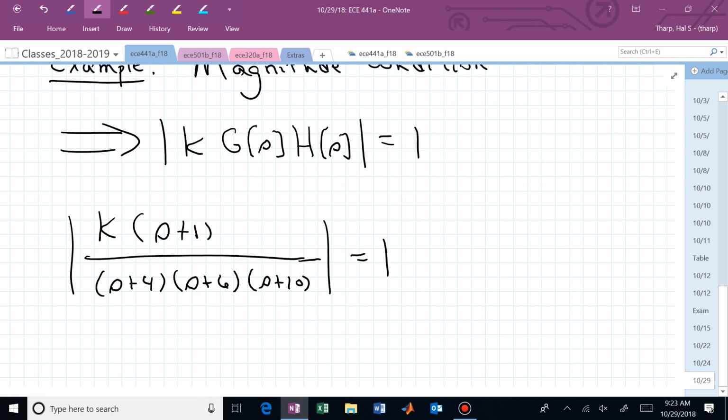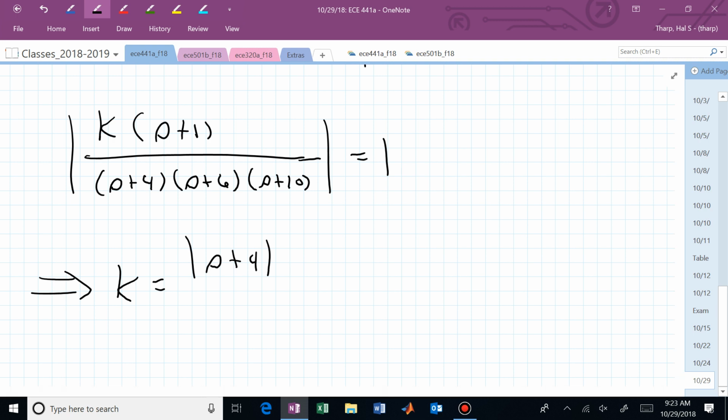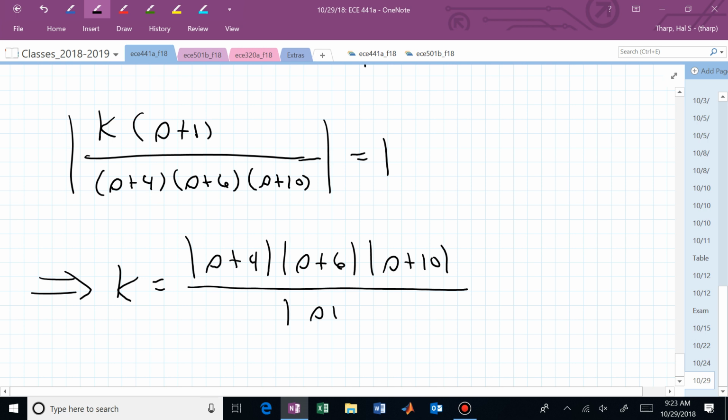Well, we can now solve this for k. If we solve this for k, now we can look at the magnitude of the complex number associated with the factor s plus 4 at whatever point s we select. S plus 6 will produce a number, and s plus 10 will produce a number, and we'll divide that by the complex number's magnitude associated with the s plus 1, or the 0 factor.